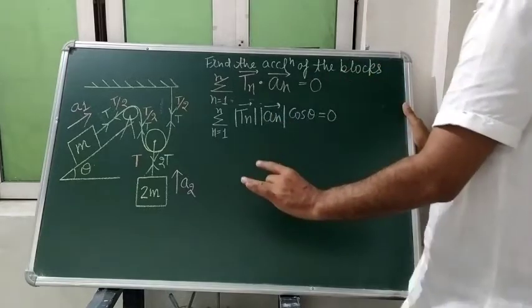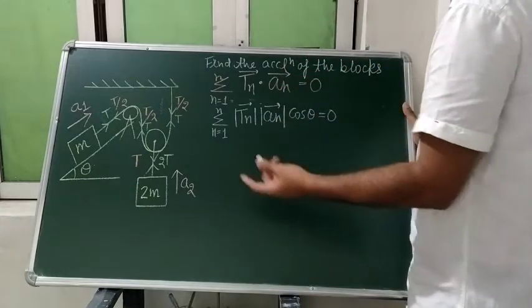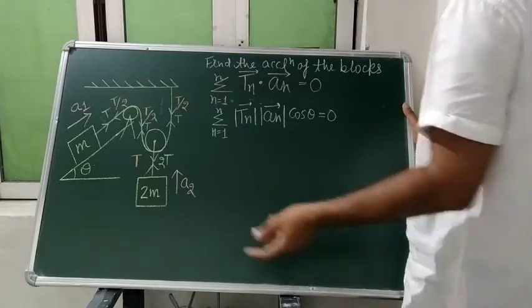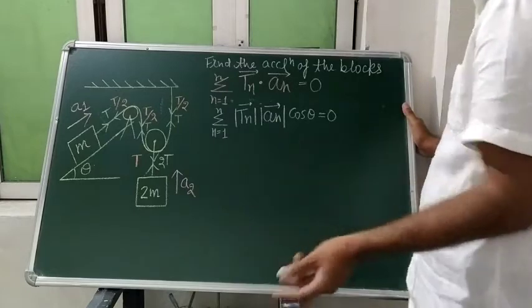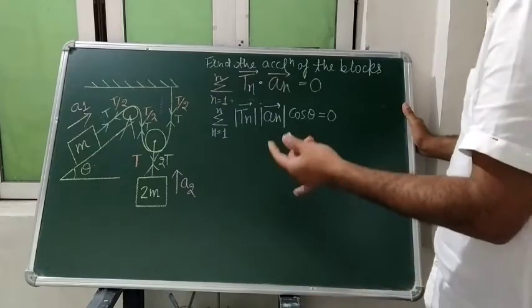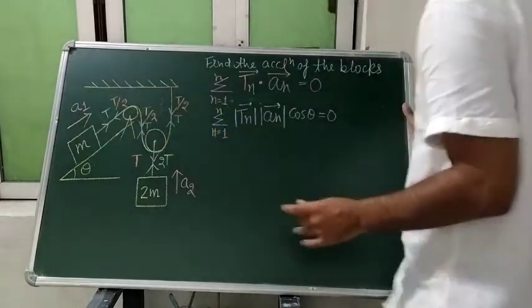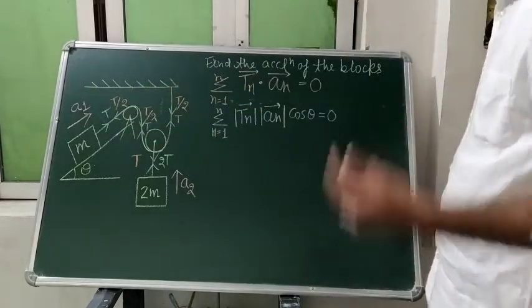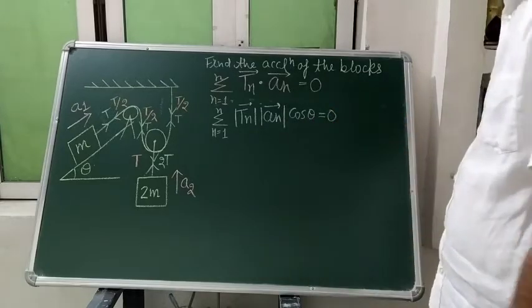So we want the relation between the accelerations of the blocks only. We are not going into the detail of the pulley. And in the previous video I told you, when you apply this short trick on pulleys, you have to take caution about which should be your object of interest.